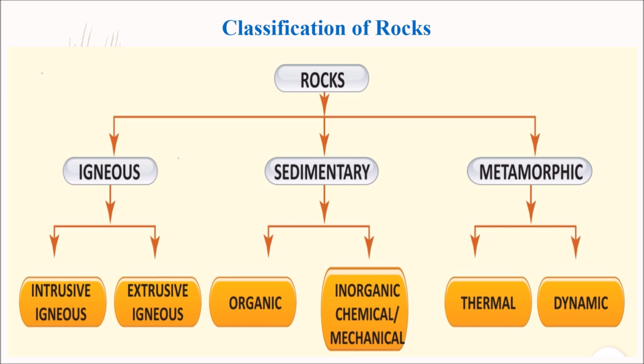Sedimentary rocks are classified into organic and inorganic rocks. Inorganic itself we have chemical and mechanical. Then metamorphic rocks are classified into 2, thermal and dynamic. So let's see one by one in detail in the next class.